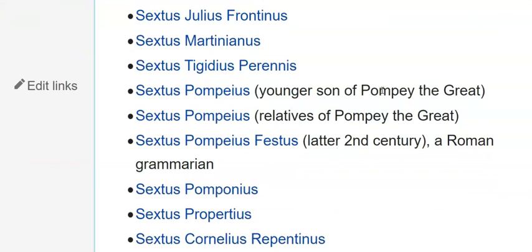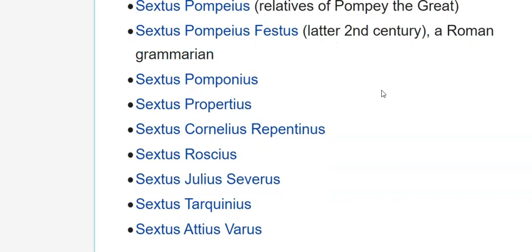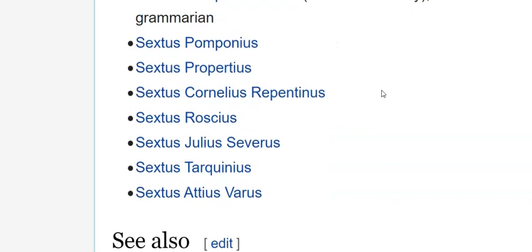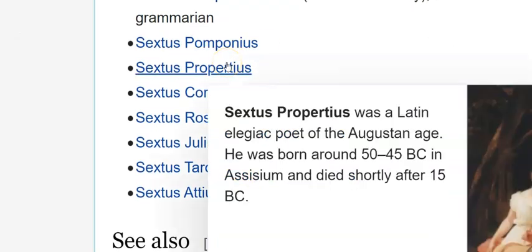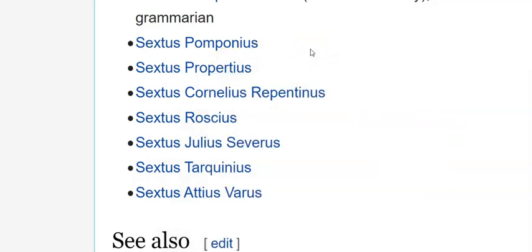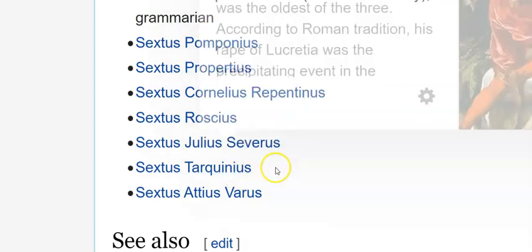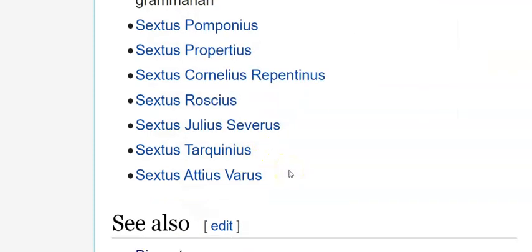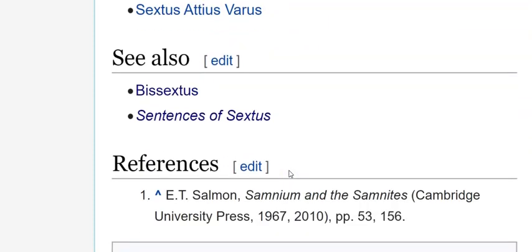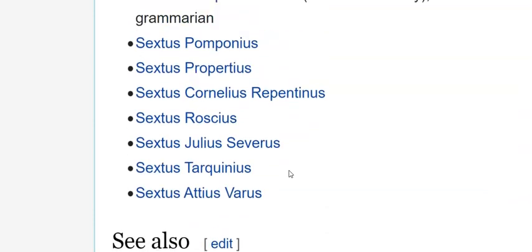Tigidius Perennis. Of course, what evidence is there to see any of these people existed, you know what I mean? I mean, properties, Severus Tarquinius, it's like, and buy it like, you know what I mean? Totally fake, guys.